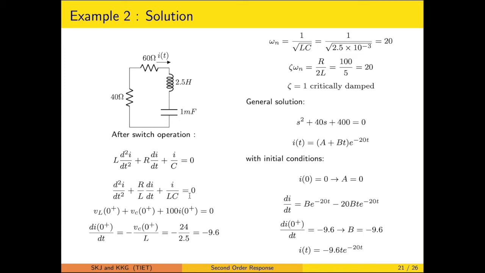However, we have to carefully calculate the other initial conditions, or you can say the derivative of the current. Because we are interested in calculating the current expression, we will calculate the derivative of the current at time t equals 0 plus. What it is suggesting is that we have made use of the nomenclature VL plus VC plus i into R equals 0, where all terms pertain to 0 plus.